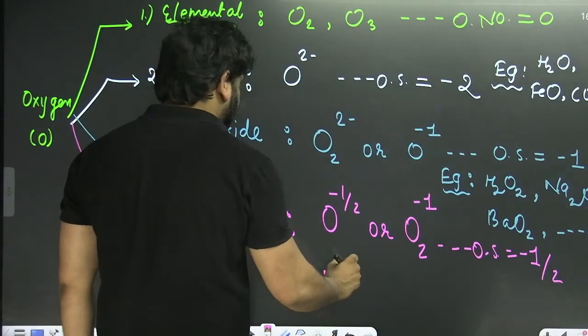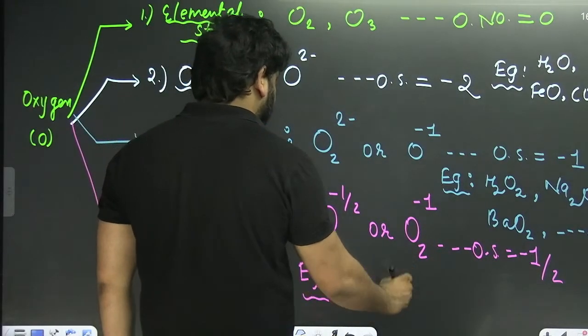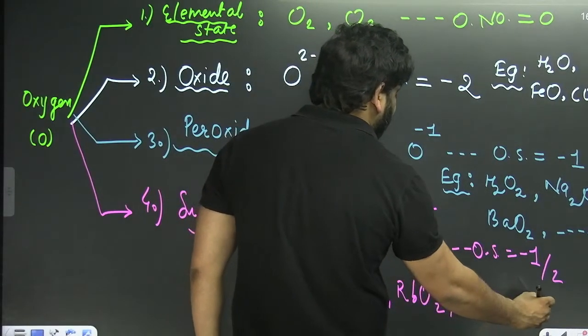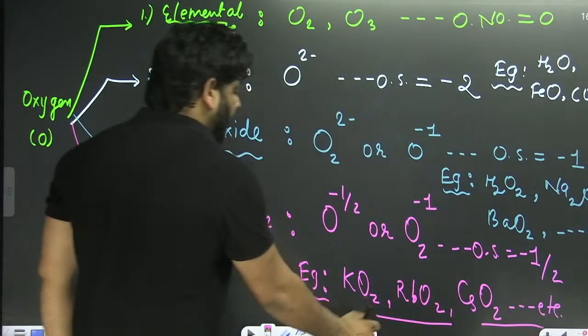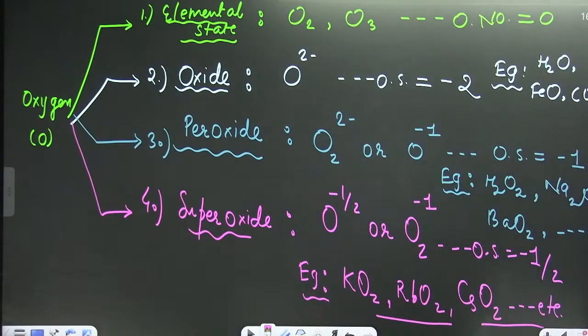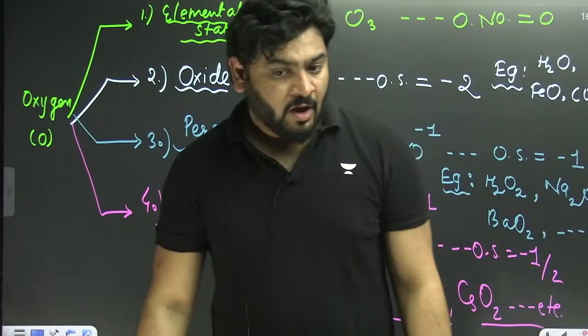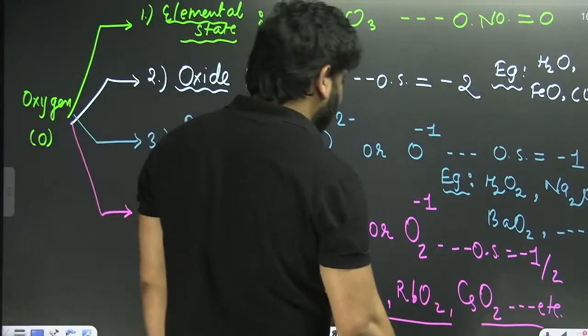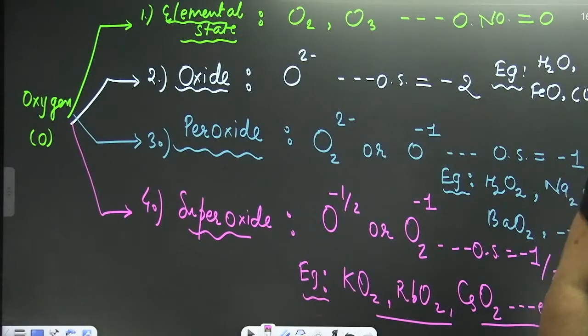The examples are potassium superoxide, rubidium superoxide, cesium superoxide. These are the only superoxides that exist, and that is what we come across in the s-block. But take the idea, everybody. So these are the varieties of oxidation states possessed by oxygen. Hopefully this is clear to all of you.